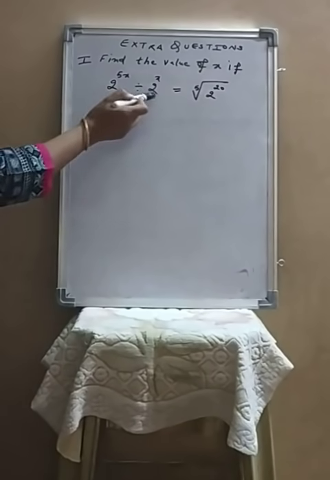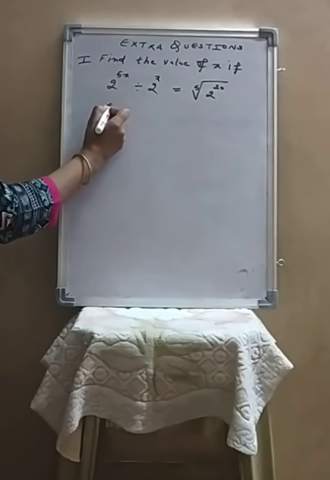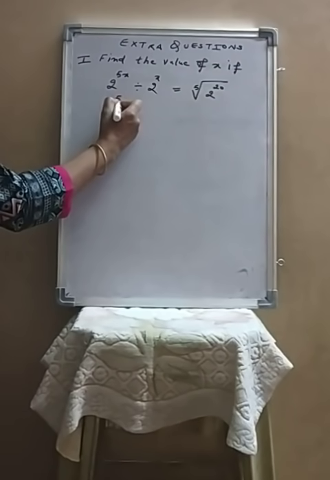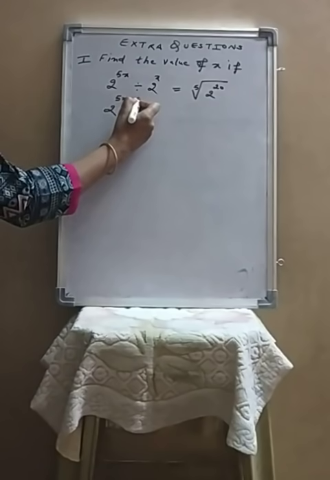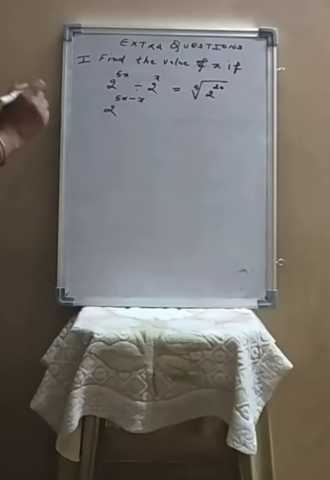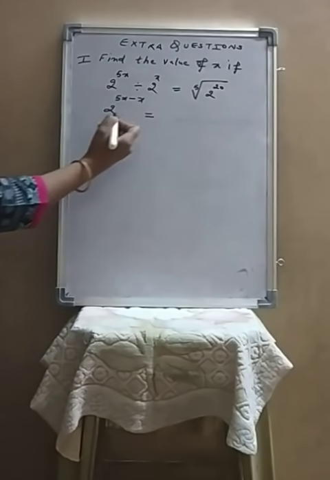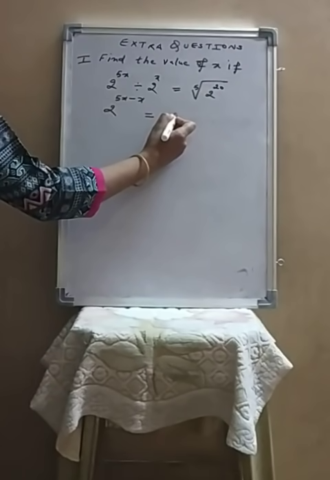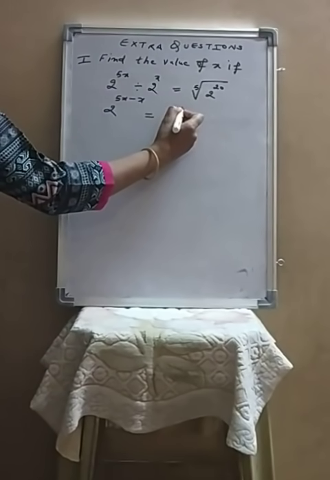Now here in LHS you can see we can apply the second law. Here bases are same and so we can subtract the powers. So this is 2 raised to power 5x minus x. I have applied the law here. Here what we can do? 2 raised to the power 20.